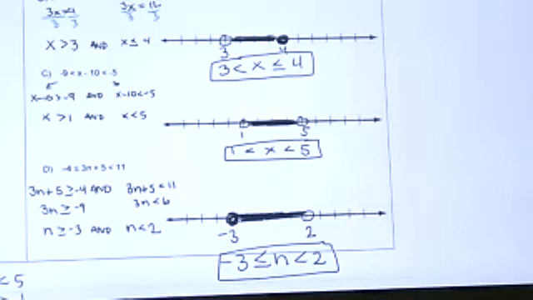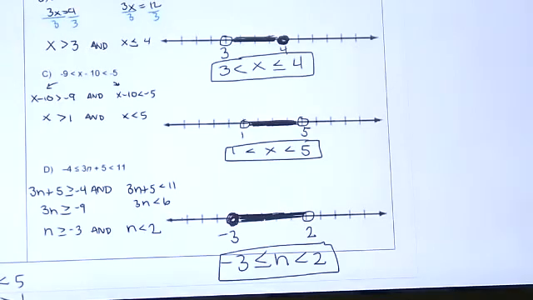I got my pulsating dot going on Delta Math, so it might be a minute before I can get in. So the Delta Math assignment will have these compound inequalities on it, and it will also have the ones from yesterday, just the regular inequalities where they're not compound.